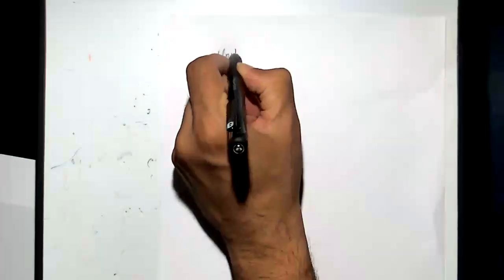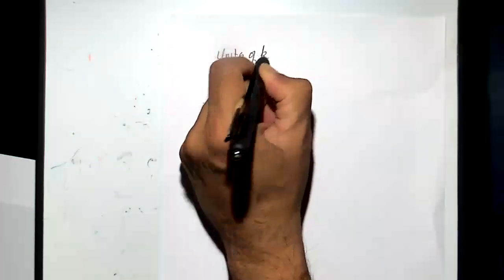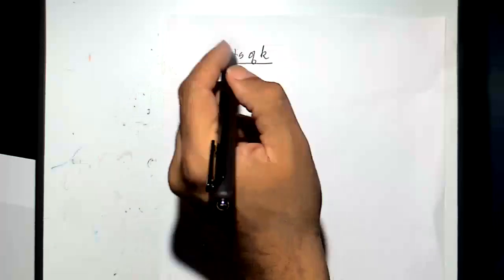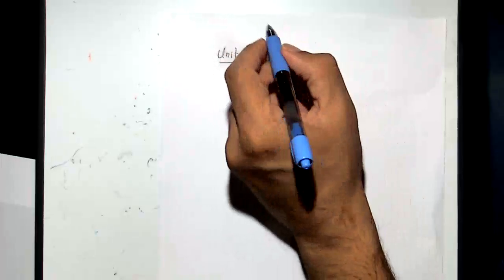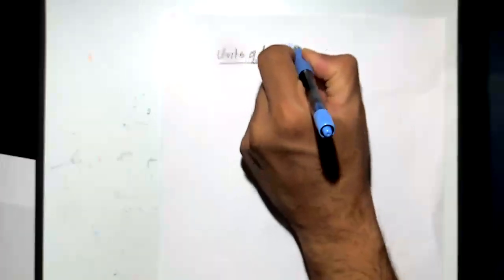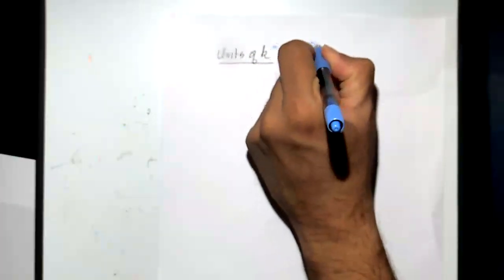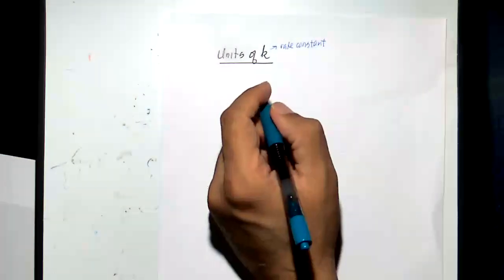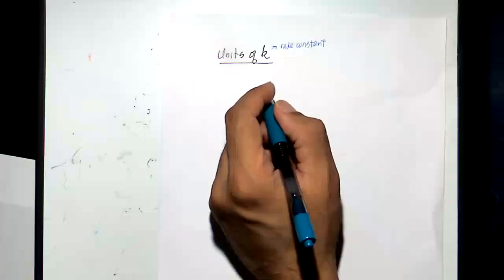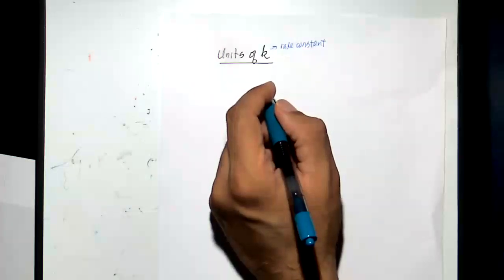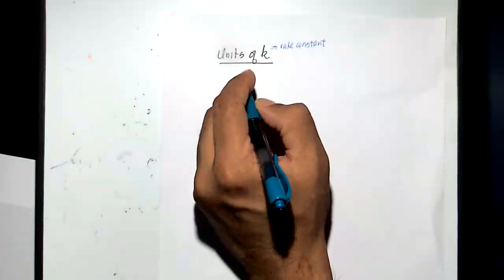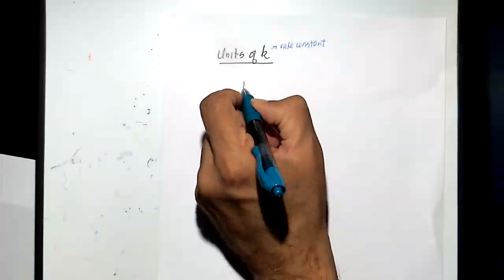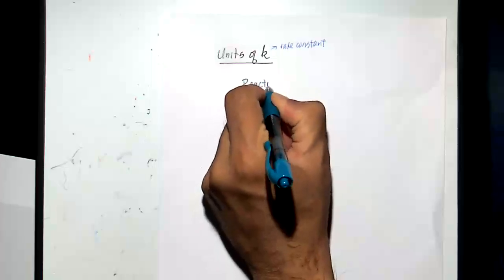All right, so we want to be cognizant of the units of K, which is the rate constant. Okay, this is K, which is called a rate constant. The units are going to be different based upon whether it's a zero order, first order, or second order reaction. So basically, the reaction rate units.